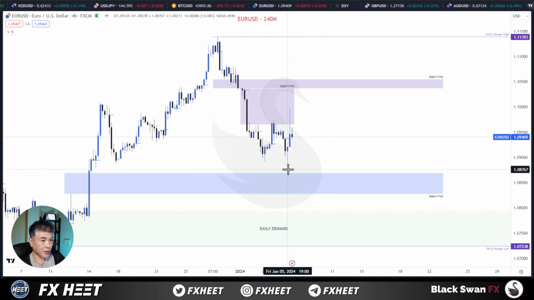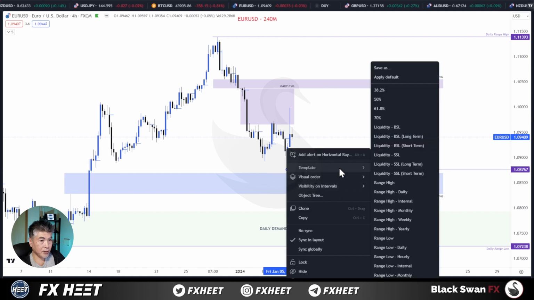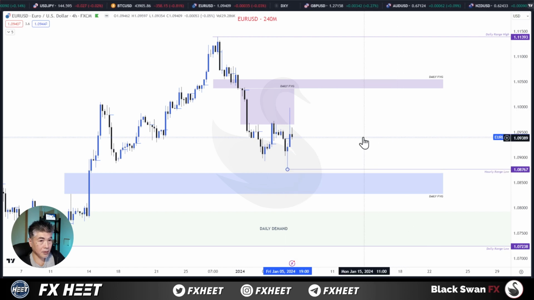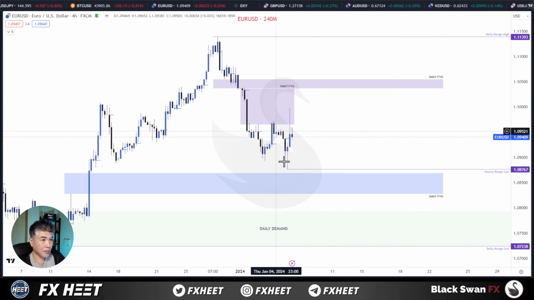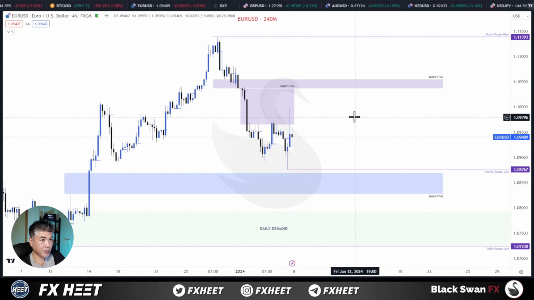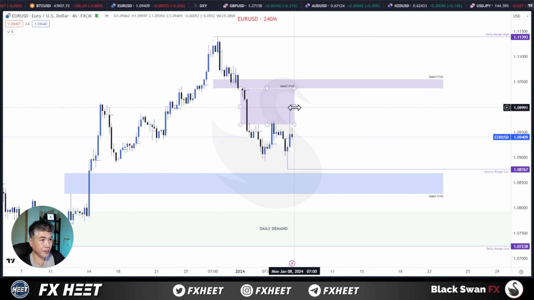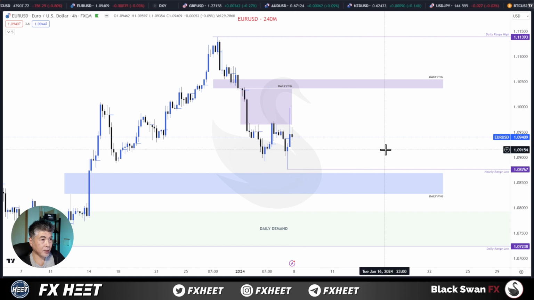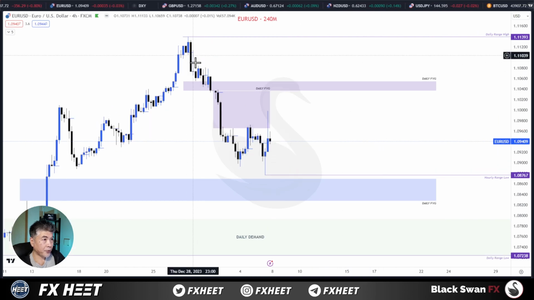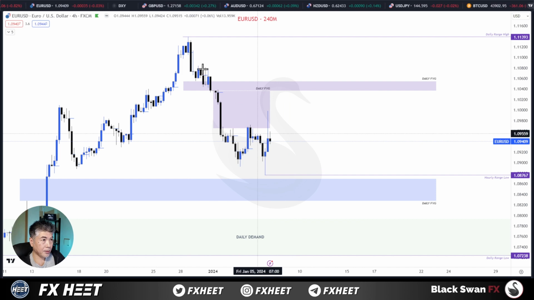So for now, this is our range low. Massive push to the downside, massive push to the upside. So nearly filling the fair value gap. No inefficiency up here.